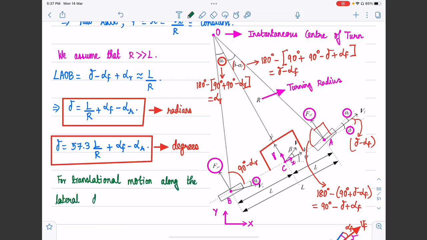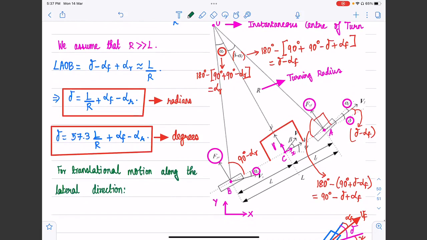We just saw that the lateral acceleration in steady state is v squared by r. So essentially we have Fyf plus Fyr equal to m times Vx squared by r.